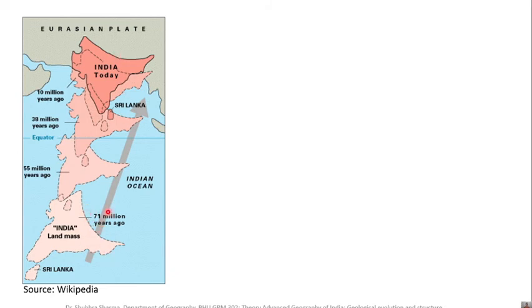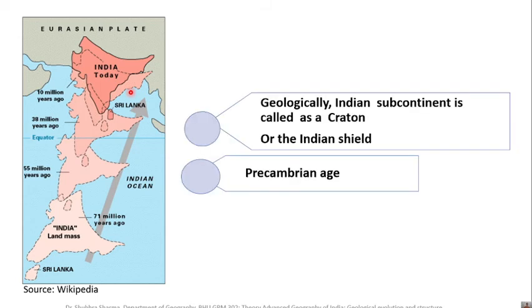So this diagram shows the drift since 71 million years ago. Here, at 55 million years ago, we say the ocean plates had collided, and finally the continents also collided, closing the Tethys Sea, and of course we then have phases of Himalayan orogeny, which we'll discuss in a separate lecture.